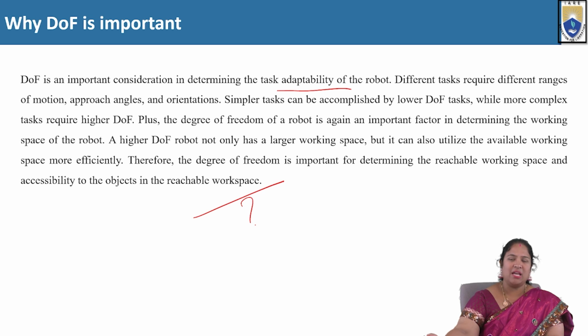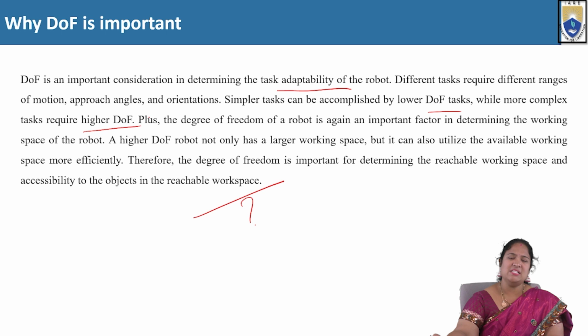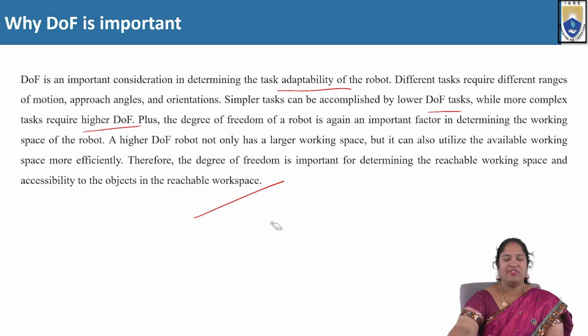Simpler tasks can be accomplished by a lower degree of freedom, while more complex tasks require a higher degree of freedom. Right? For a simpler task we require a lower degree of freedom, and for a complex task we will require a higher degree of freedom.